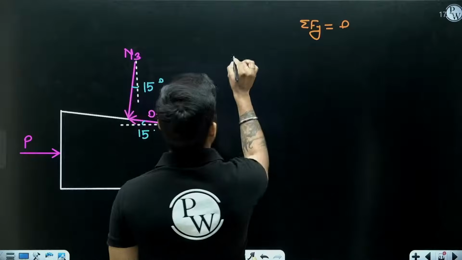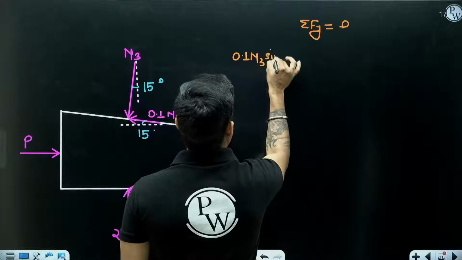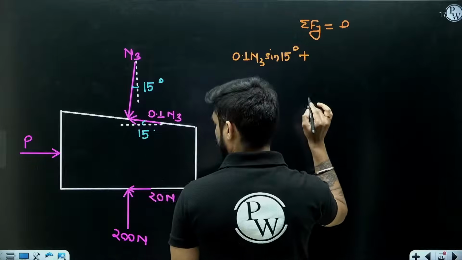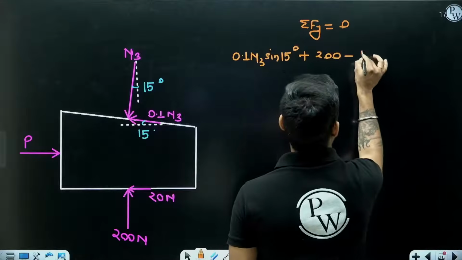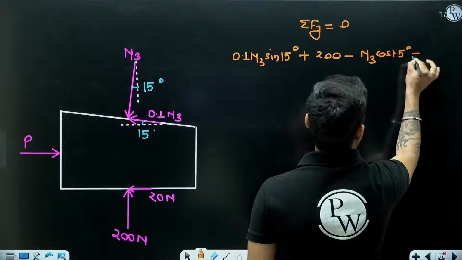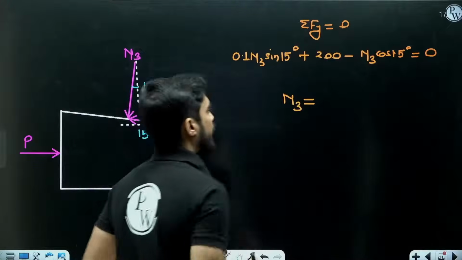So it will be something like this: 0.1 N3 sine 15 plus 200 minus N3 cos 15. So from here you get the value of N3.